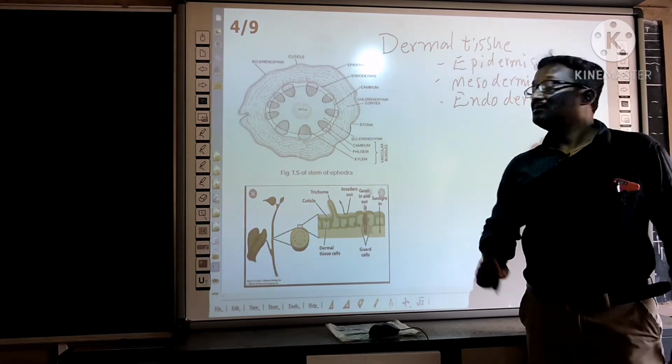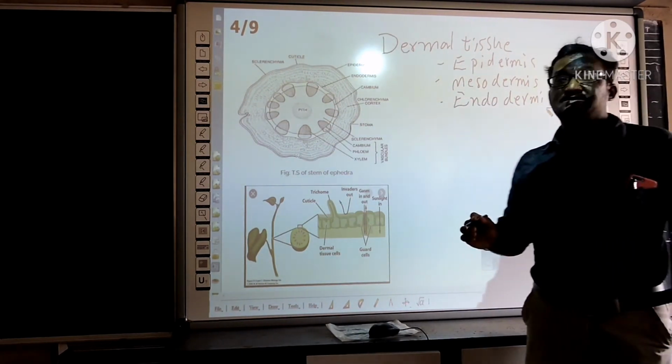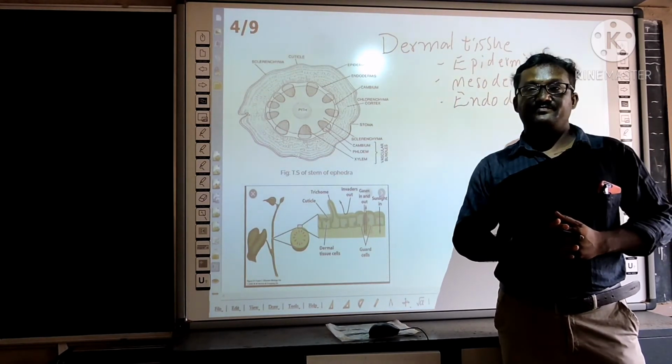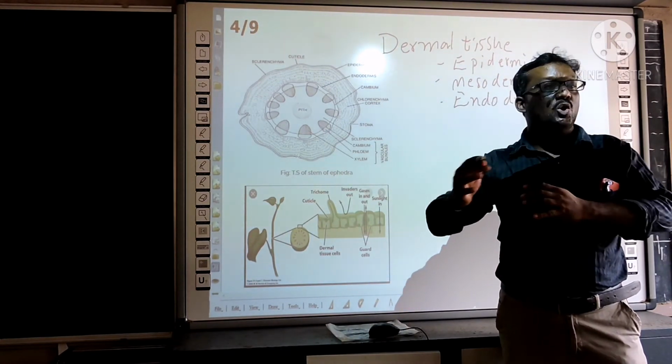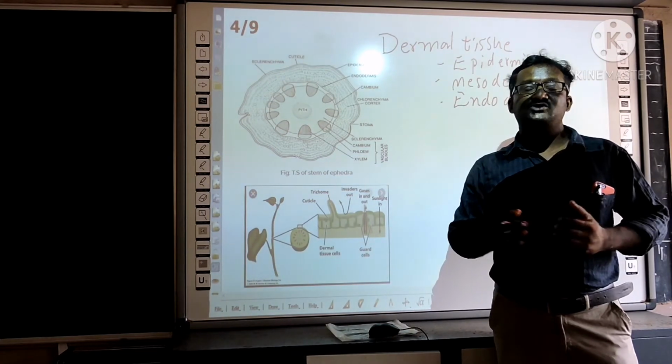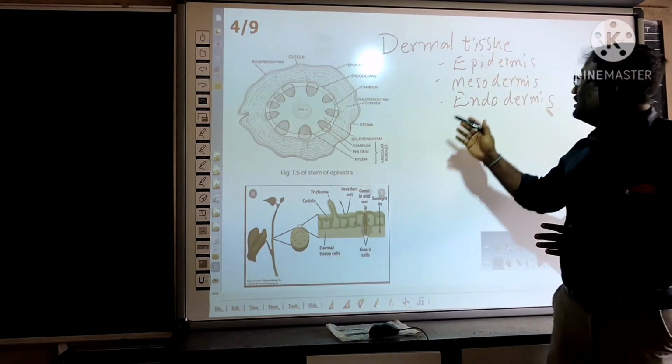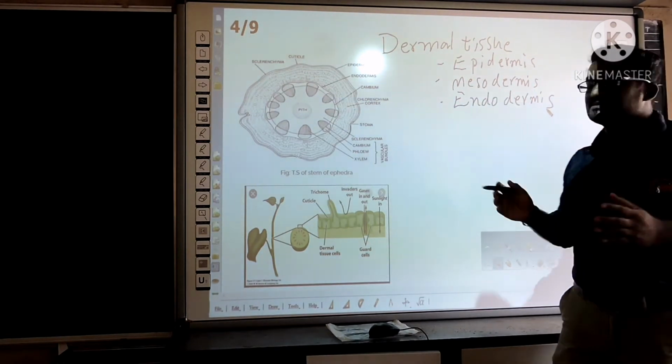Usually, the mesodermis is present at the beginning of the life of the plant. Whenever the plant grows, the mesodermis disappears. The epidermis and endodermis can be observed.